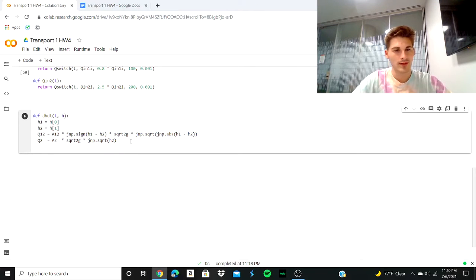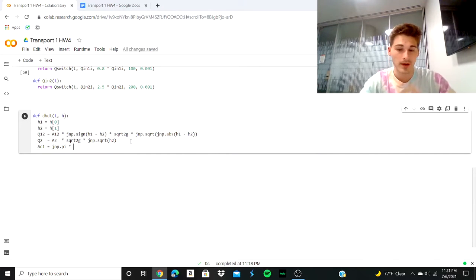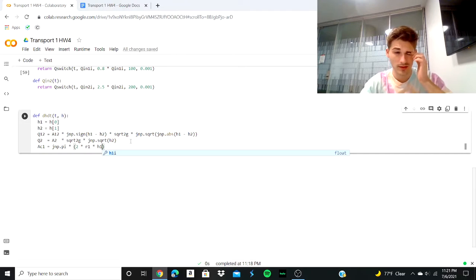And then we can find the cross-sectional area of tank 1. We defined this equation in the previous video, it's just going to be equal to pi times 2 times R1, the radius of our first tank, times H1, the height of the liquid in our first tank, minus H1 squared.